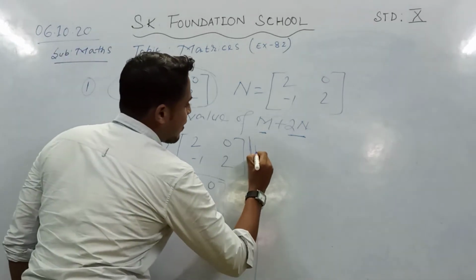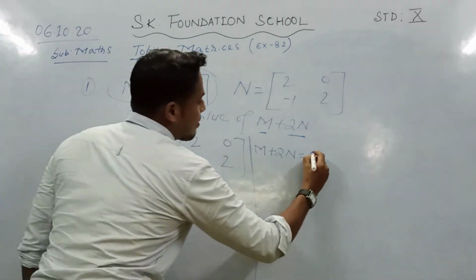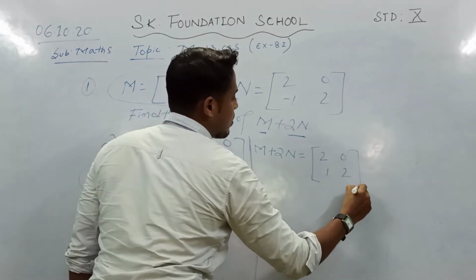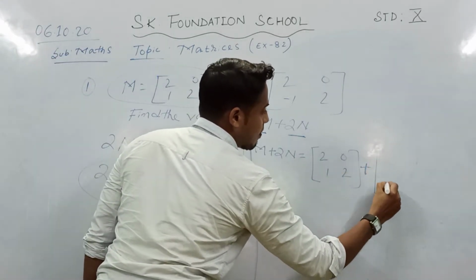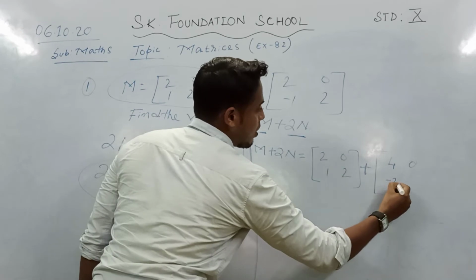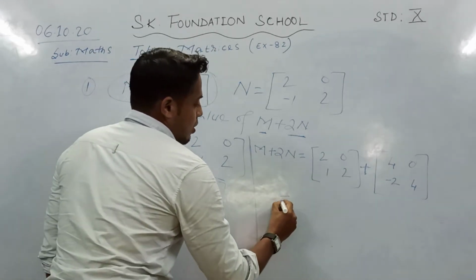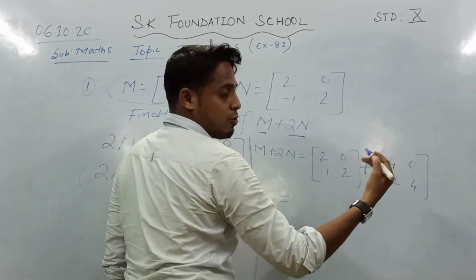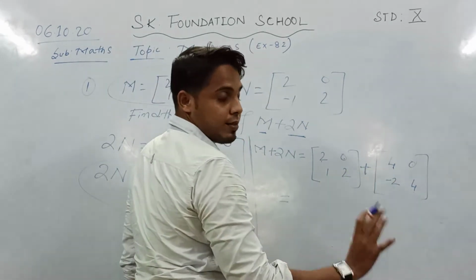So first I put matrix M, 2, 0, 1, 2, and the 2N matrix, 4, 0, minus 2, 4, with a plus sign. Now, we already discussed that this position and this position are equivalent, this position and this position are also equivalent, and this 2 and this 4 are also equivalent in position.